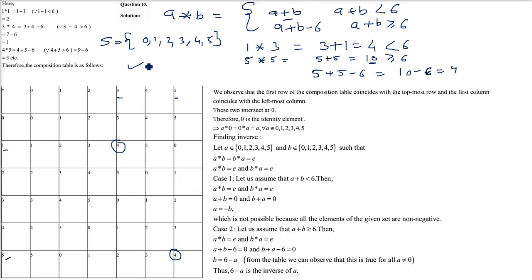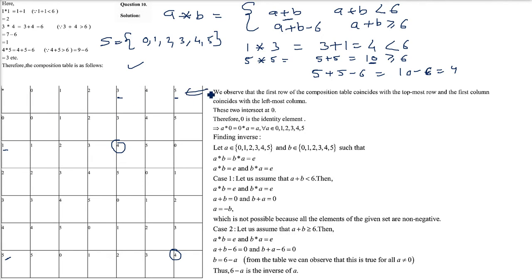Here we have to find the identity element, which is of course 0, because addition is going on here, and the inverse. So 6 minus A is the inverse of A that we have to find out. So just see the row and column where the rows are equal and the columns are equal.